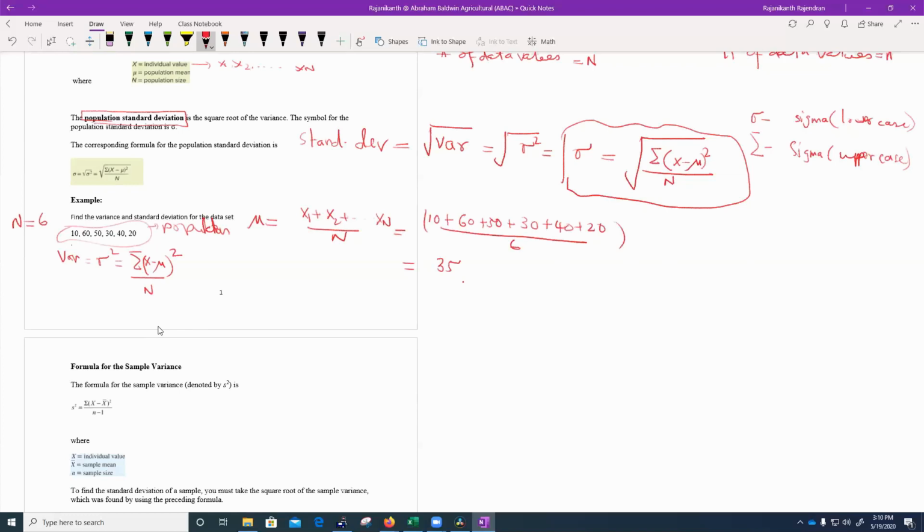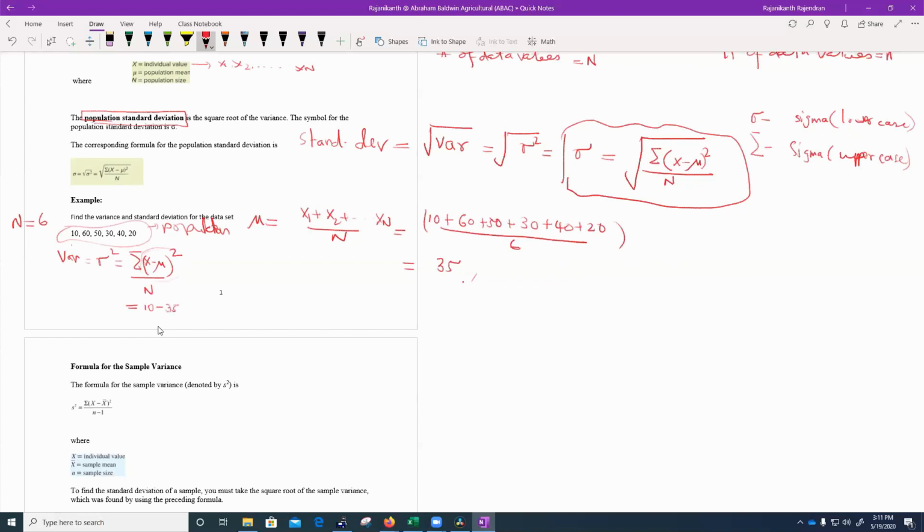Once you have the mean, now I'm going to calculate the variance. How are you going to calculate? I'm using this formula. Now you have to find this expression for each data value. This x denotes each data value. So first I'm considering my first data value, x1, which is 10. Then subtract the mu we got, 35.